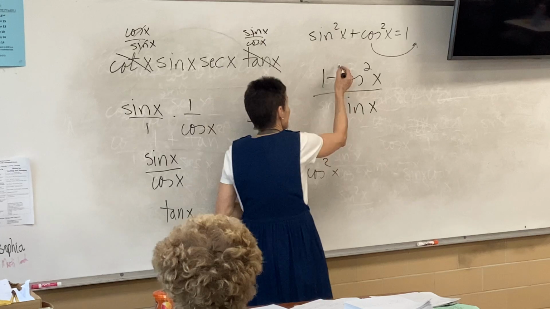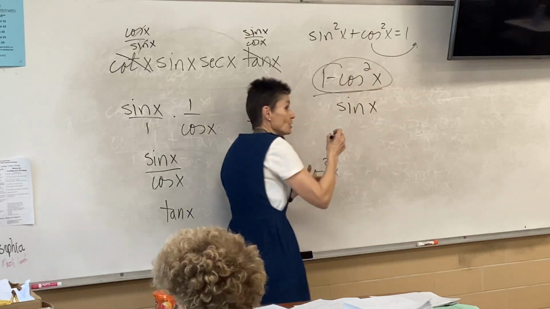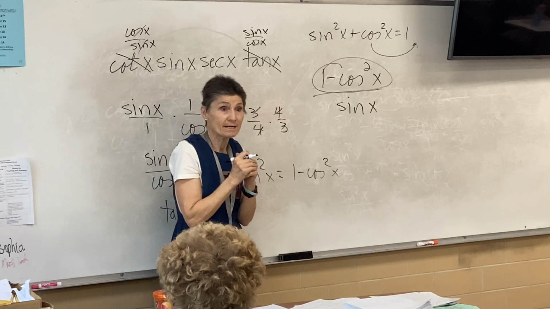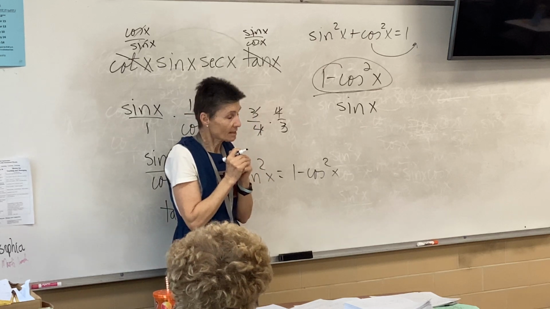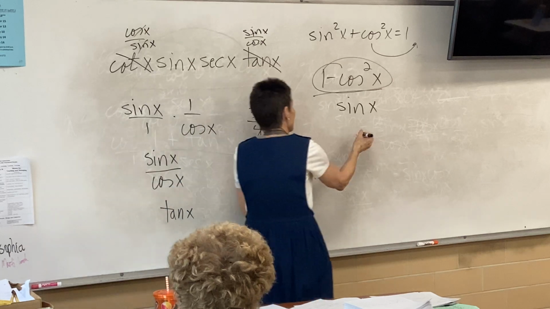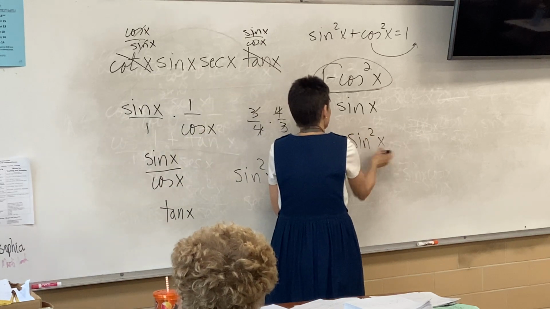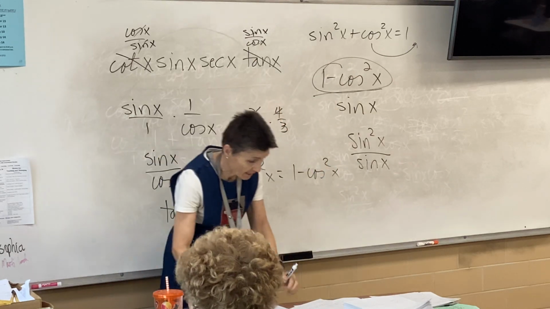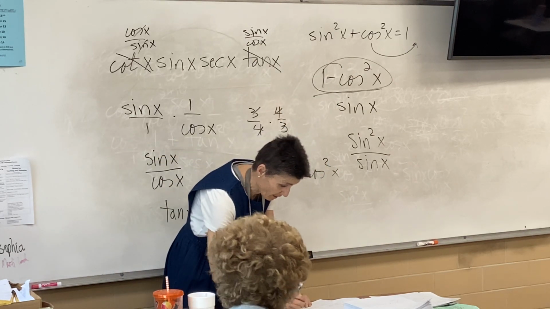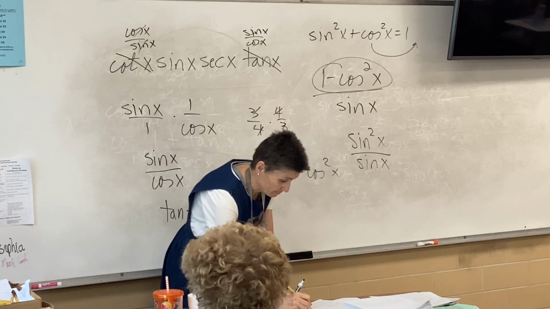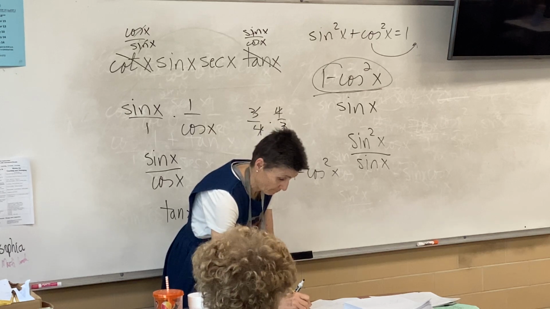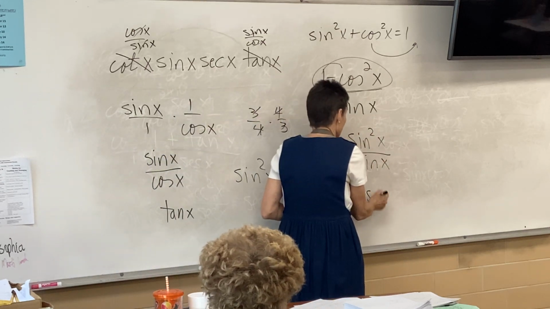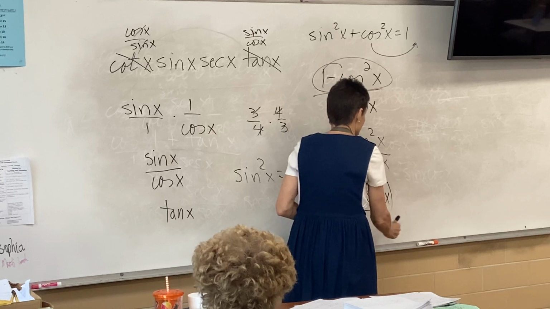So when you see this numerator, you're immediately going to think, oh, that's sine squared. So we have sine squared over sine. And what happens when we have sine squared over sine? One of them's going to cancel out.